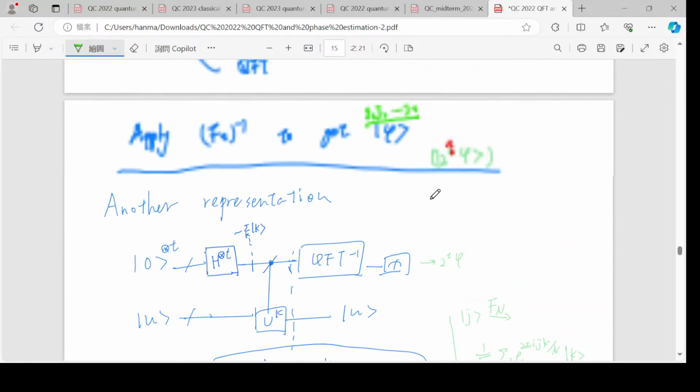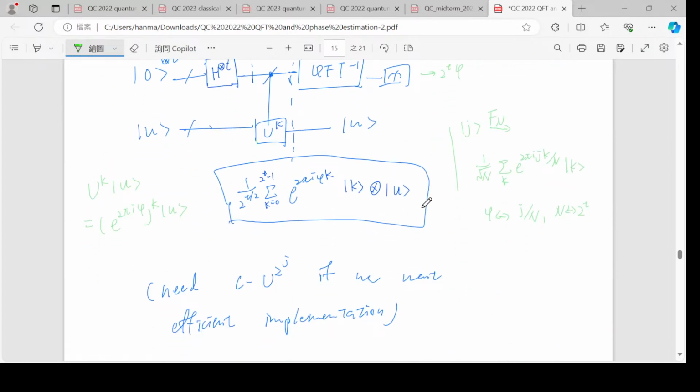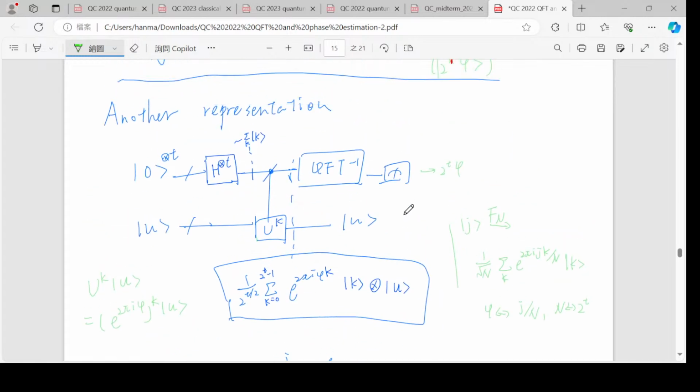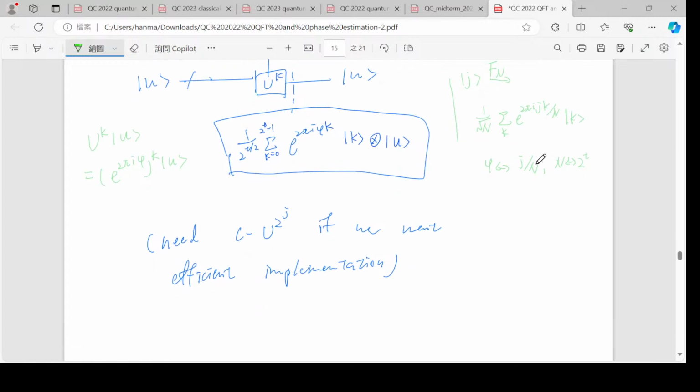Okay, so there are still two caveats here. The first thing is, your phi needs to have this exact form, so phi needs to be equal to j divided by 2 to the t, for some integer j.